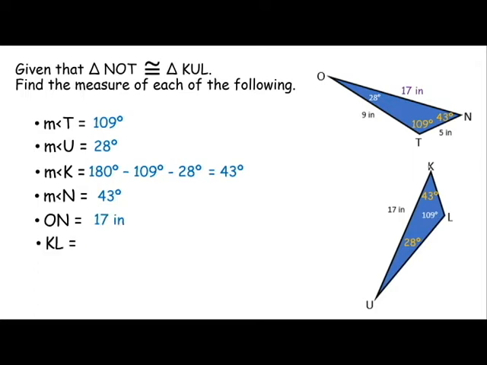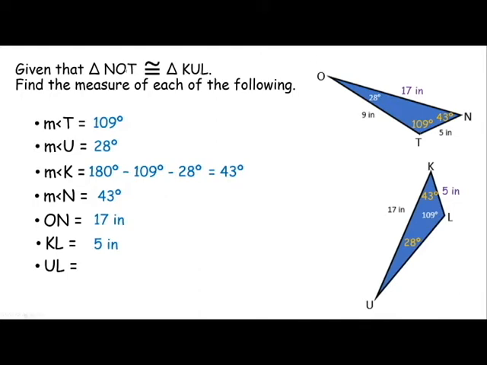How about KL? Can you do that one? Again, pausing the video if you need to. K is first, L is last. N is first, T is last. So NT and KL should be the same size. I happen to know that NT is 5, which means KL must be 5 as well. One more. UL.